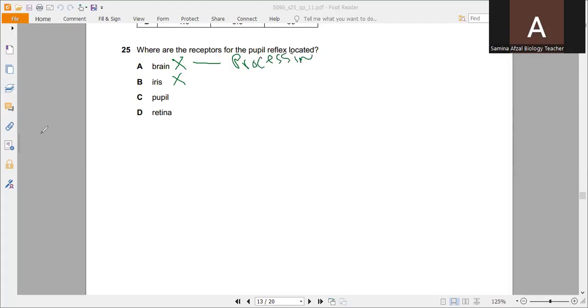Processing center. And the iris is the effector because the iris muscles will contract or relax. The pupil is simply the opening, a gap, a hole.